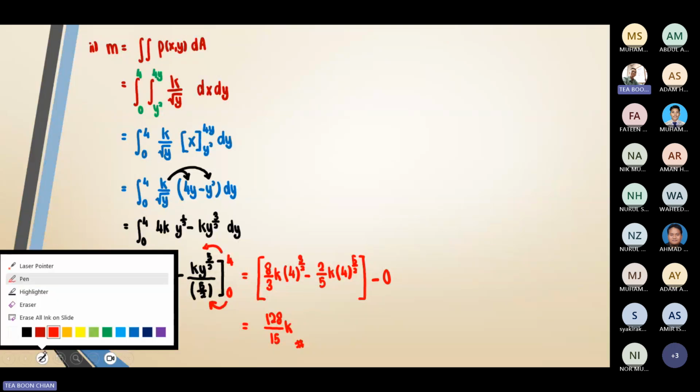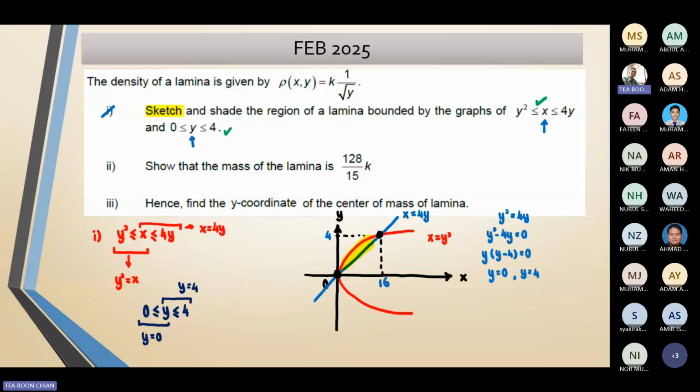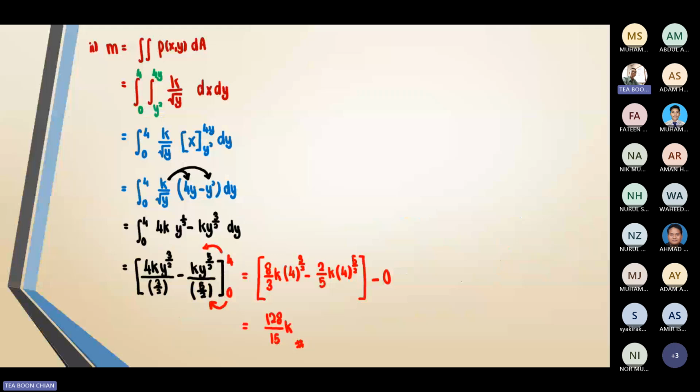So for the next sub-question number 3, you want to show, or to find, the y-coordinate for the center of mass of the lamina. Similarly, try to write out first the formula for coordinate y.